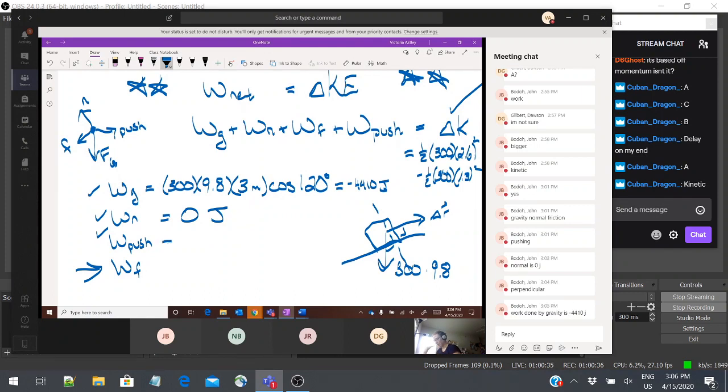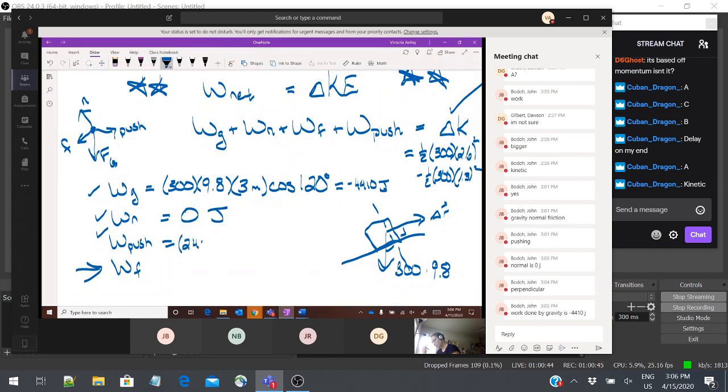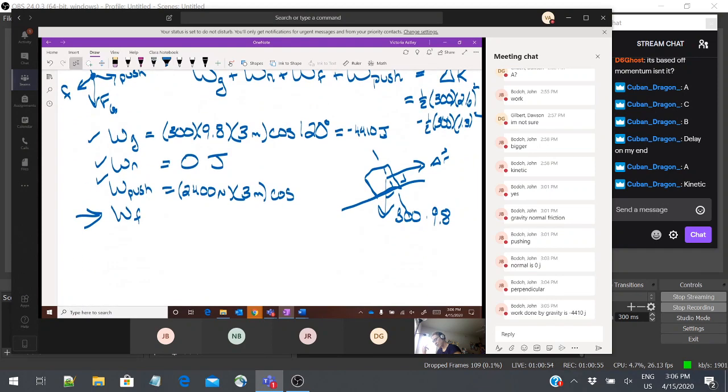Okay. For the push, our force is 2,400 newtons. Our distance is 3 meters. Our angle is going to be the angle between our horizontal and our delta R, so this is just 30 degrees.